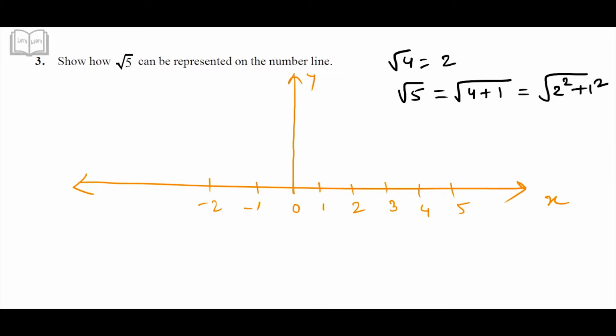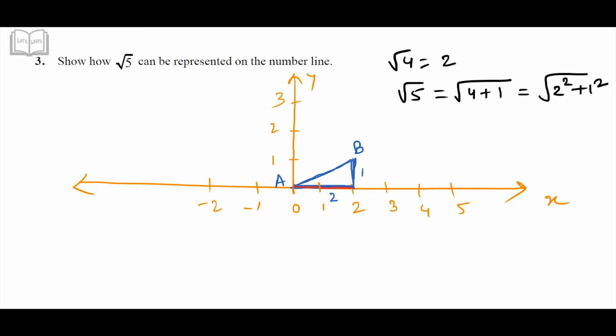Now what we do, we take a line. Let me draw with some other color. We draw 2 units along the x-axis and 1 unit along y. So this is 1, this is 2. Now this length from A to B, what will it be?